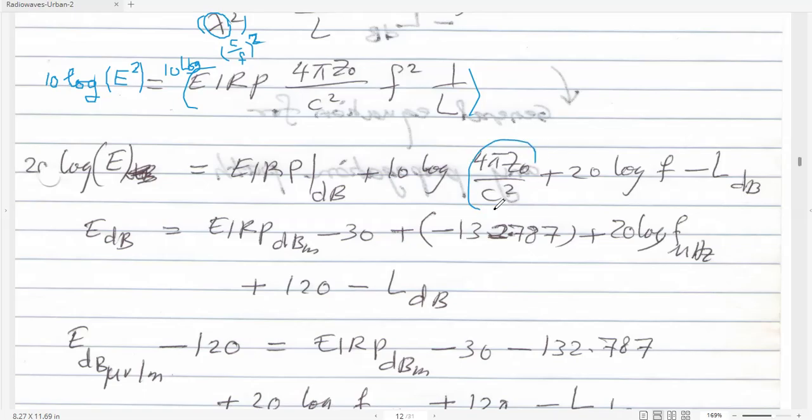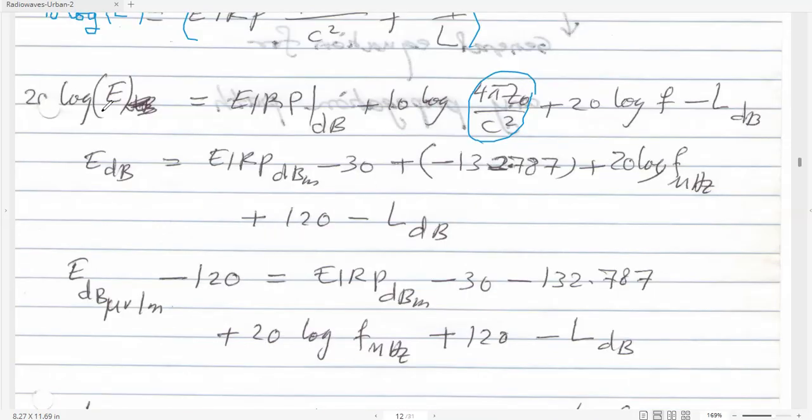This is a constant for free space. C is the speed of light, and Z naught is 377. Plus 20, 10 log f squared is 20 log f. Minus, because this is in the denominator, minus 10 log L, which is L in dB.